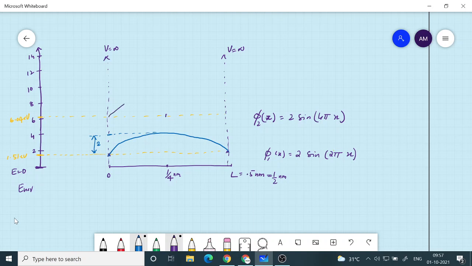If I draw like this, let me use a different color. So again it has amplitude 2. Okay, it also has amplitude 2, but frequency is double. So that is how the second eigenfunction will look like.